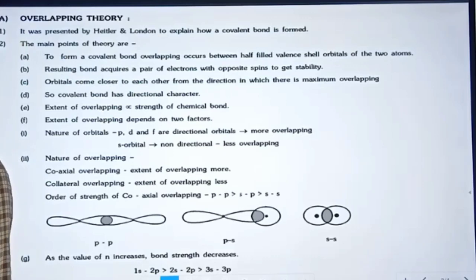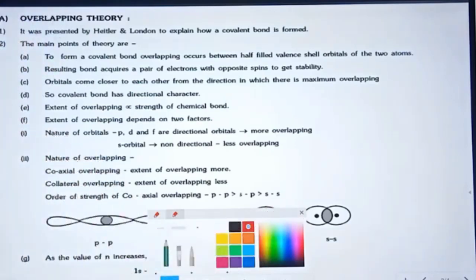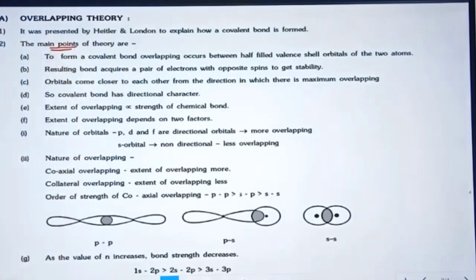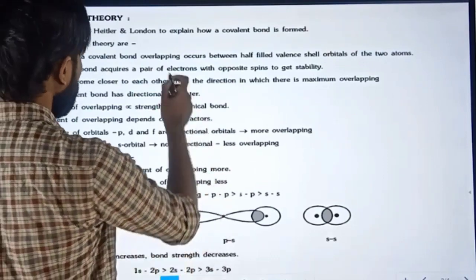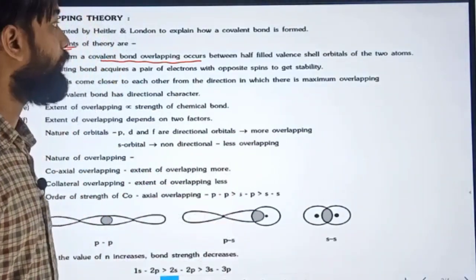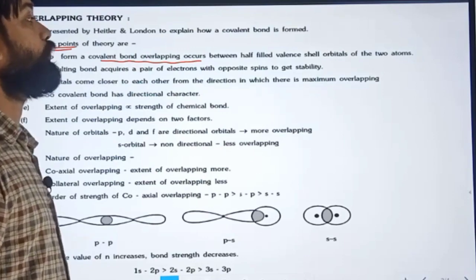Overlapping theory. The main postulates of atomic orbital overlapping. To form a covalent bond, overlapping occurs between two half-filled valence shell orbitals of two atoms.